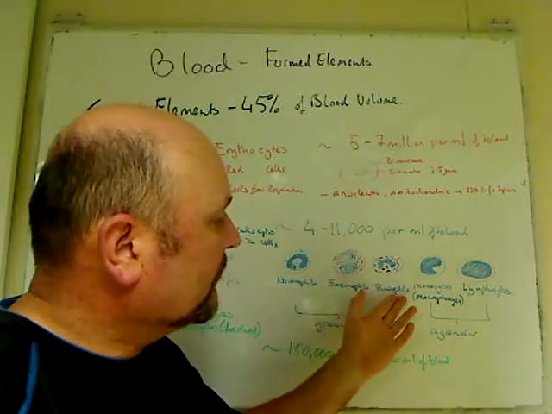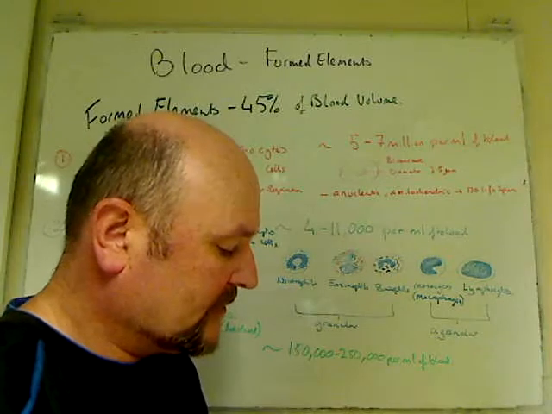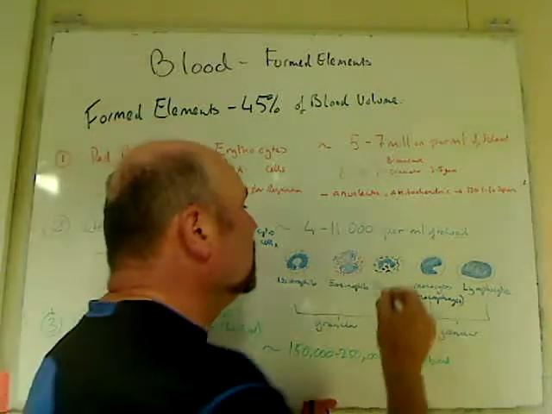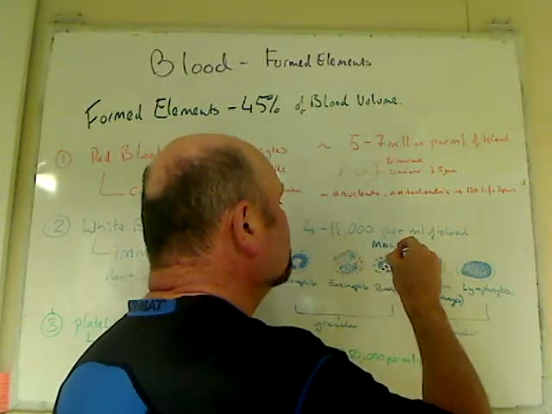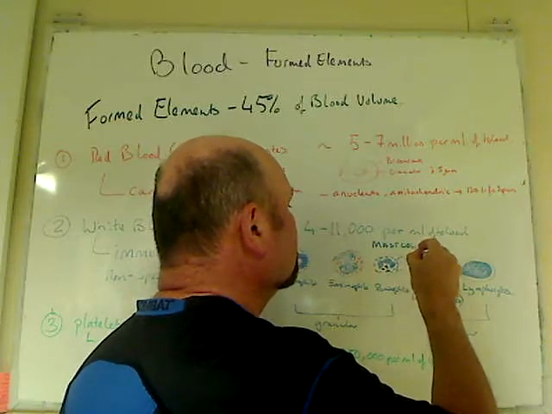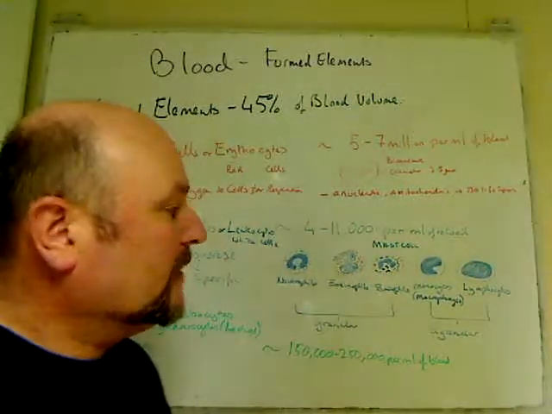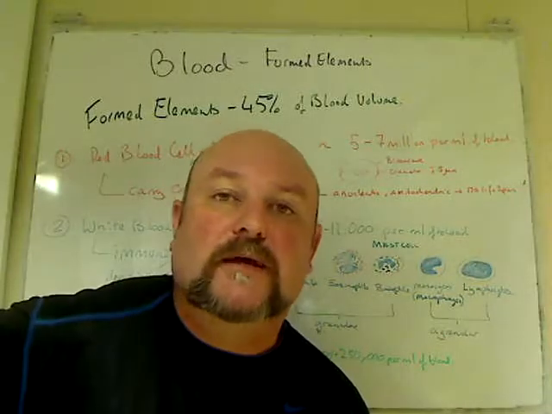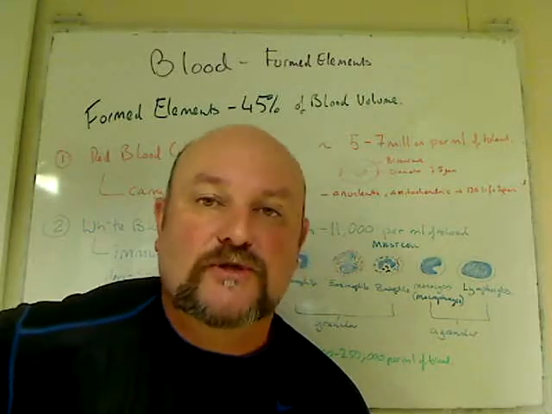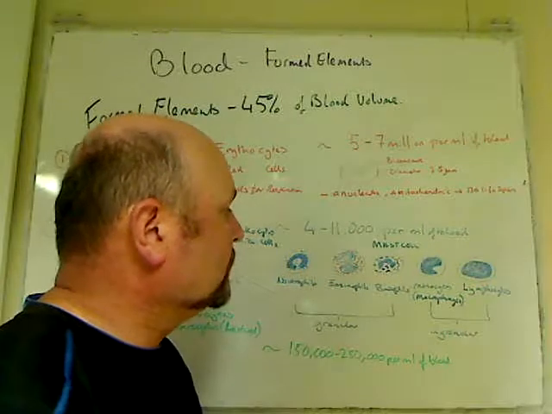So basophils are found in the blood. The cell type that does similar in the tissues would be the mast cell. So keep that in mind when you see a mast cell. It's basically a histamine producing cell in the tissues, which has the same response.